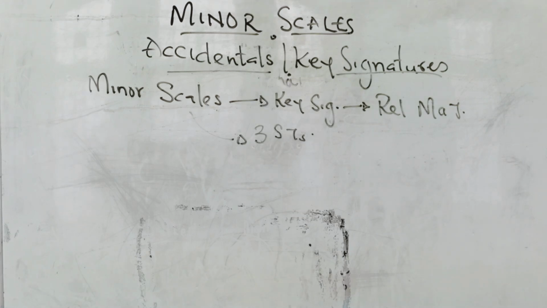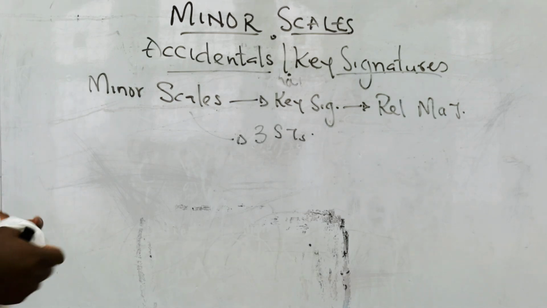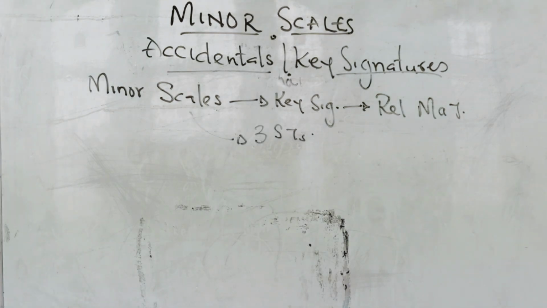Now, if we go back to the scale of A that we said we wanted to construct, what will be the relative major of A minor? If you move 3 semitones from A forward, what will be the relative major? C, correct. So the relative major of A minor is C. So it means that A minor doesn't have any key signature. It's natural because it's assuming the key signature of C major.